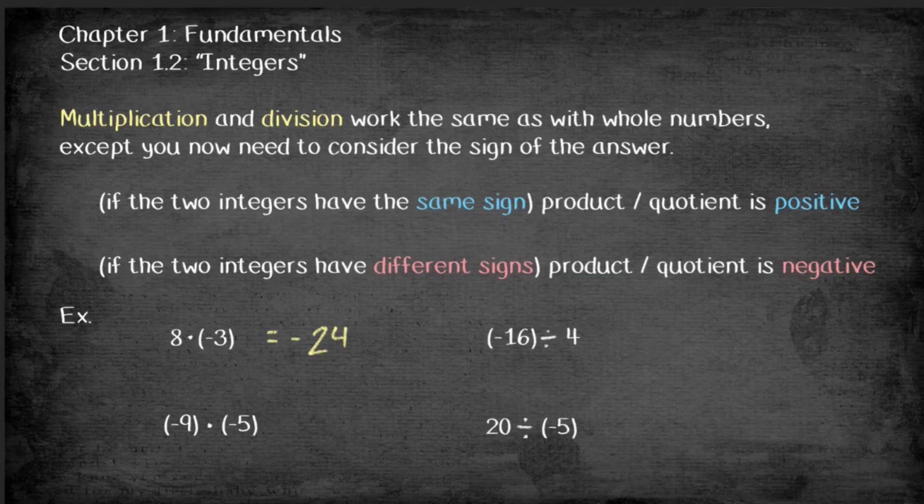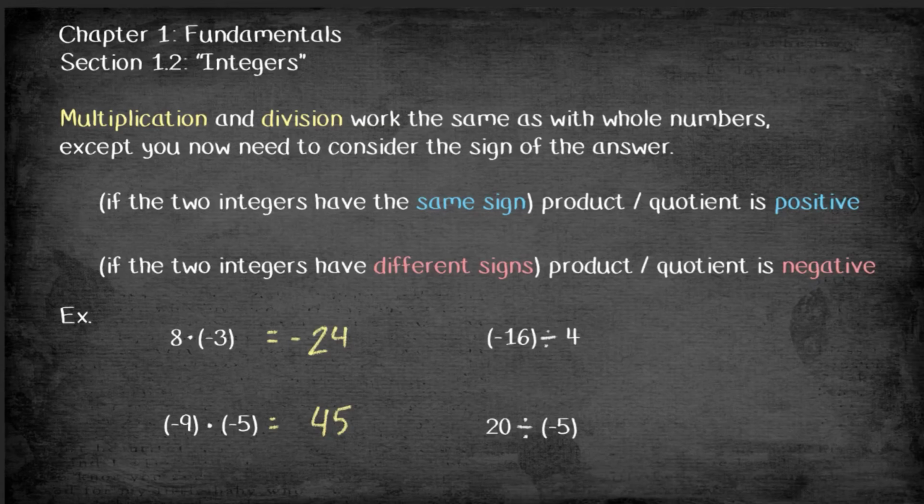The next example, -9 times -5 in the lower left corner here. We're going to multiply the two numbers together. So 9 times 5 is 45. And since the two integers have the same sign, our answer is going to be positive. So we leave it as is.